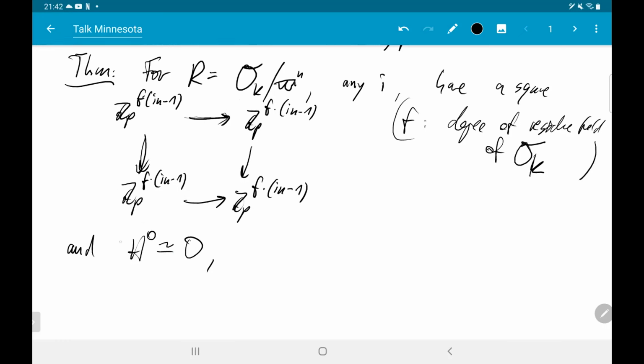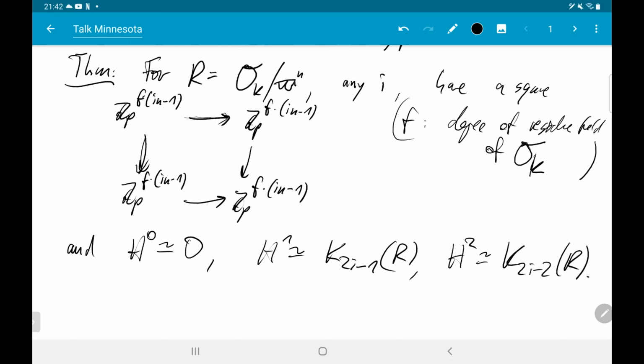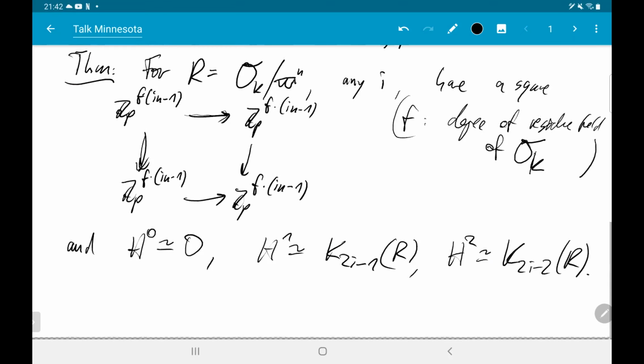Then the degree 1 cohomology is K_{2i-1} of R, and the degree 2 cohomology is K_{2i-2} of R. Right?